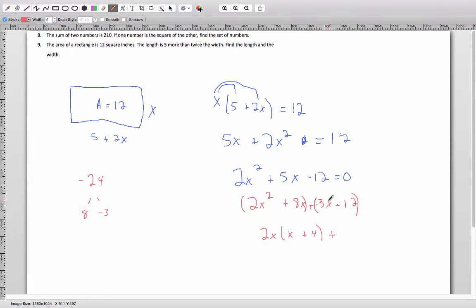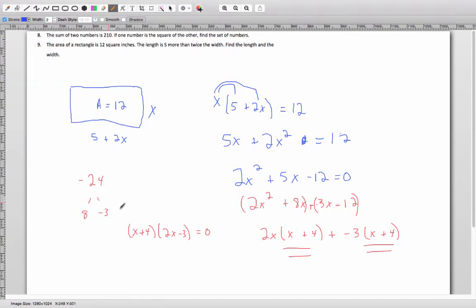Here you factor out negative 3, and I get x plus 4. And now my new greatest common factor is x plus 4. So my factors are x plus 4 times 2x minus 3, and again, we set it equal to 0. Now we're almost there.